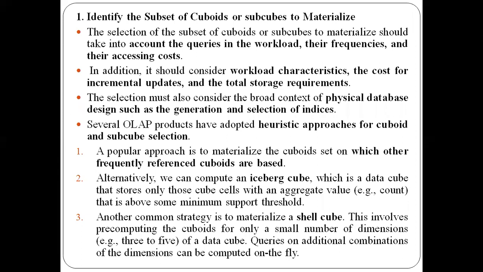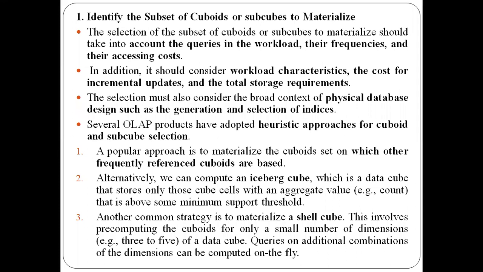That is the first approach. The second thing is the iceberg cube. An iceberg cube is a data cube that is going to store the results of those cube cells that are above some minimum threshold. The user will be giving some threshold value. If the aggregate value of the data cube is above the specified threshold, then we can choose that cuboid.